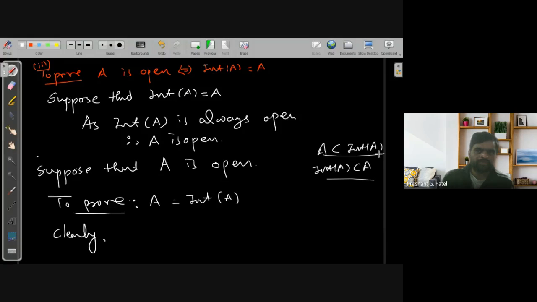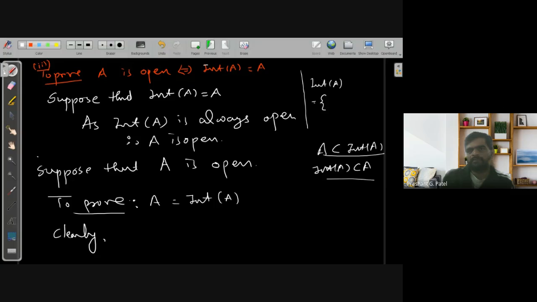A is a subset of interior of A, or interior of A is a subset of A? You just see the definition of interior of A. What is interior of A?